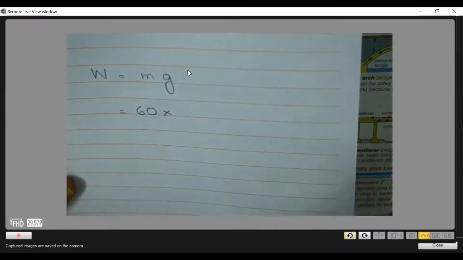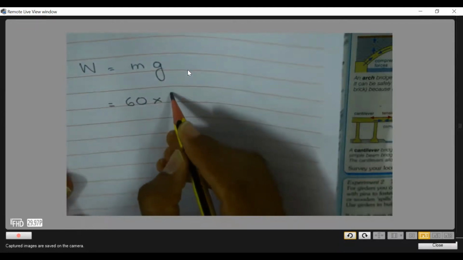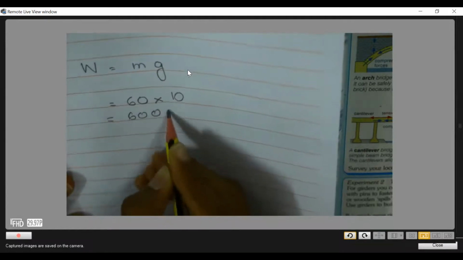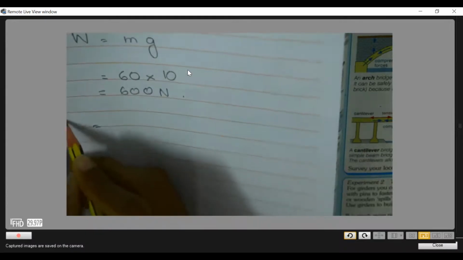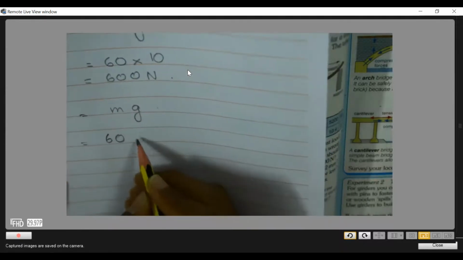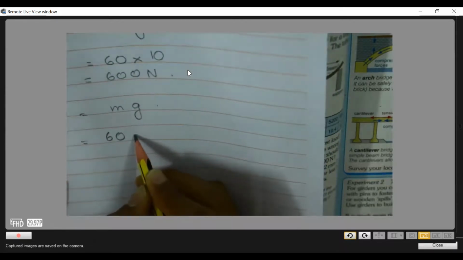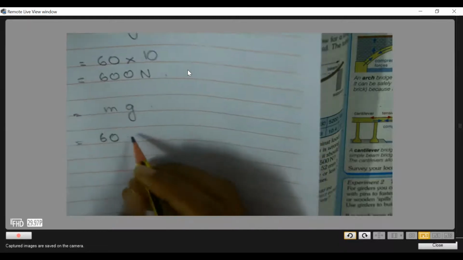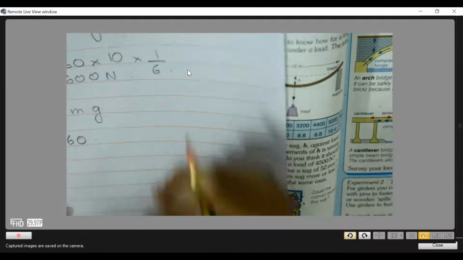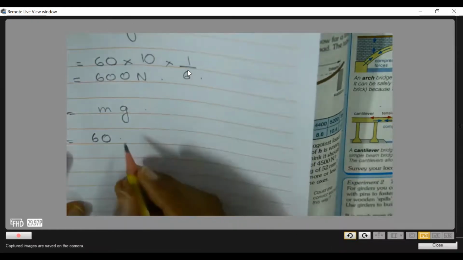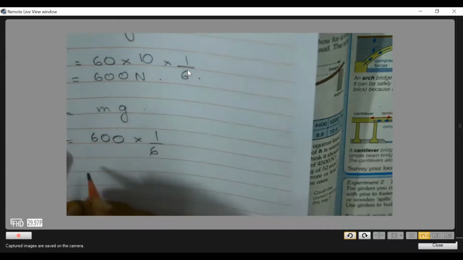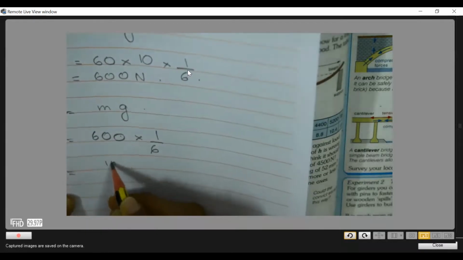Do you understand? If, for example, on Earth the weight is 600 newtons, then we will use the same formula for the moon. The mass is 60 kilograms, but the gravity is 1/6 of that. So again, 600 multiplied by 1/6, so you will get 100 Newton.